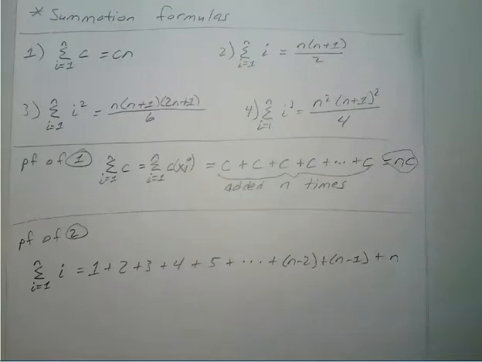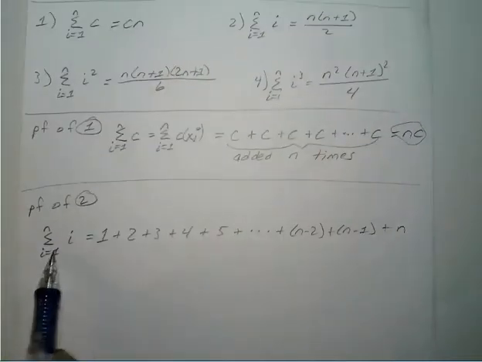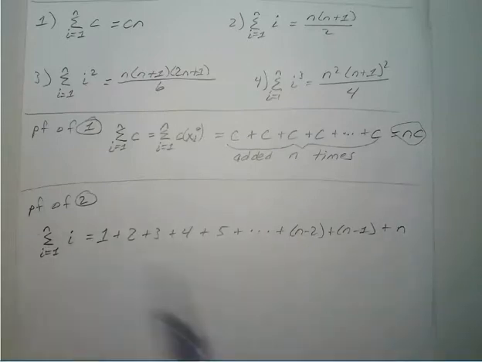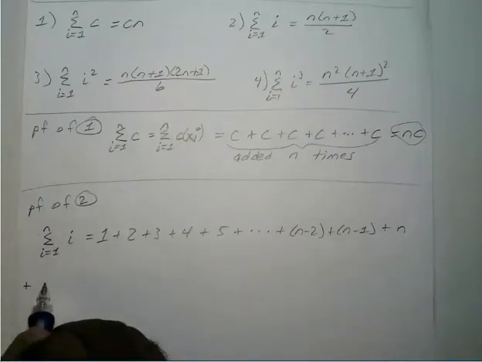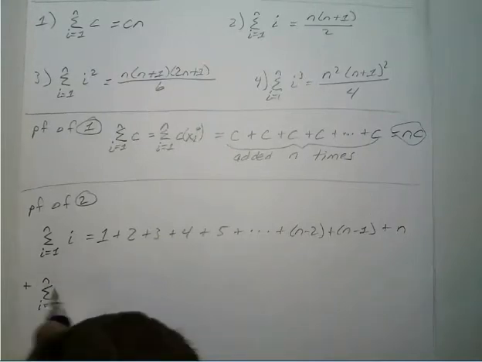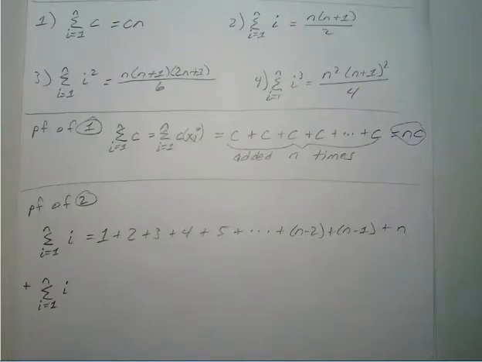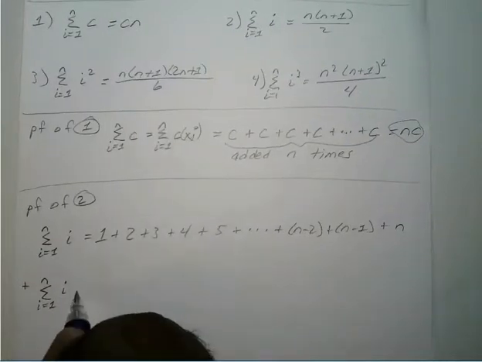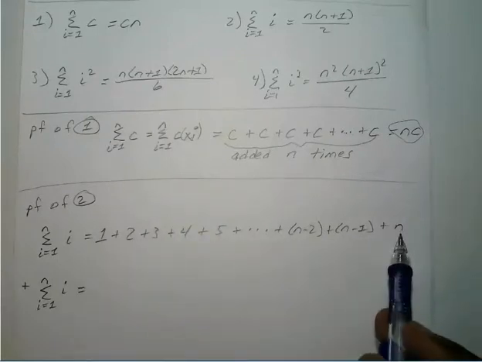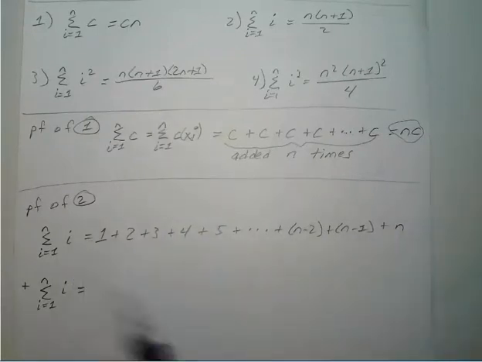Alright, so what we're going to do with this one is we're going to add this to itself, but we're going to flip the sums. So we're going to add the sum from i equals 1 to n of i, but that's going to equal, instead of 1 plus 2 plus 3 plus 4 plus 5 and working up to n, we're going to move the n to the front of the line.